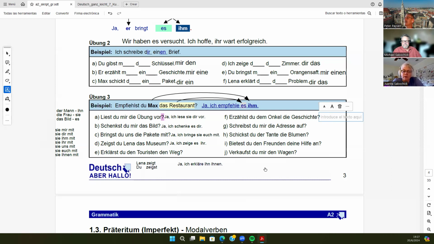Erzählst du dem Onkel die Geschichte? Ja, ich erzähle. Erzähle.